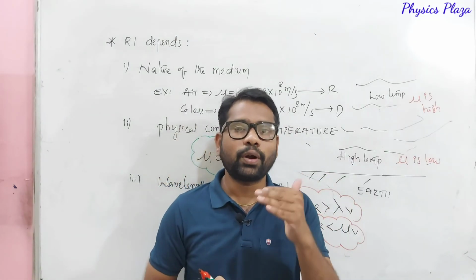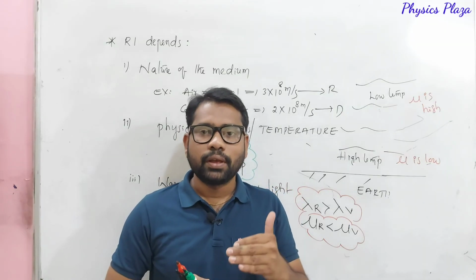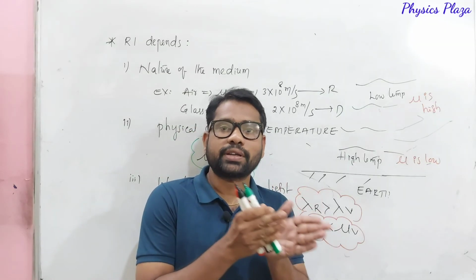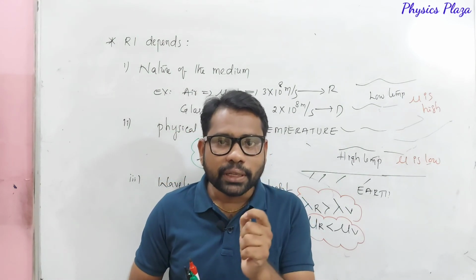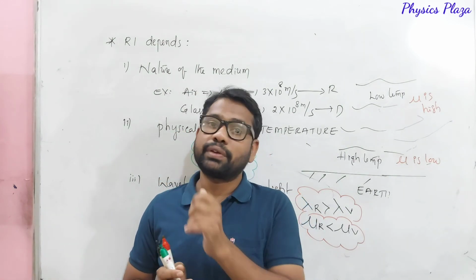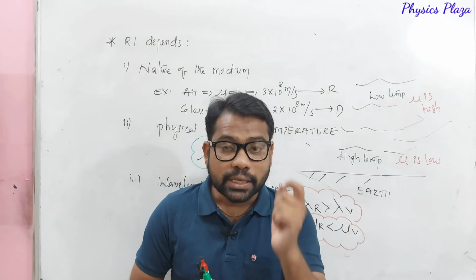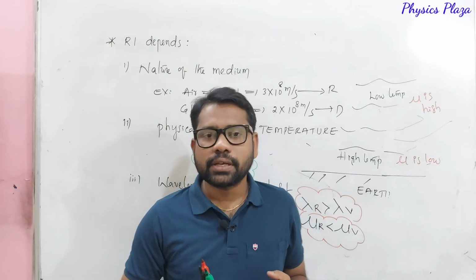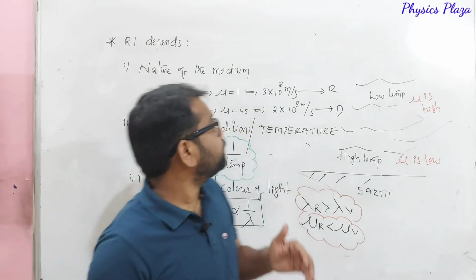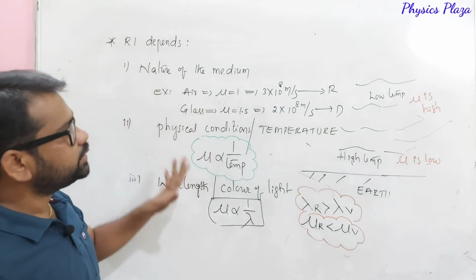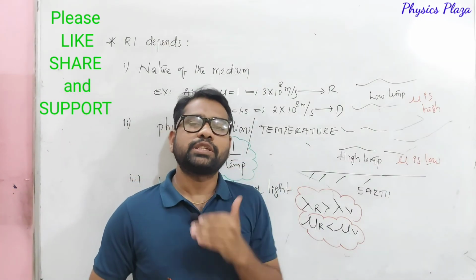Then we discussed what refraction of light is, the cause of refraction, and a no refraction case. Then we discussed the laws of refraction, and the very important Snell's law of refraction, that is mu is equal to sin i by sin r. Then we discussed absolute refractive index, then relative refractive index, and finally the factors on which refractive index depends.